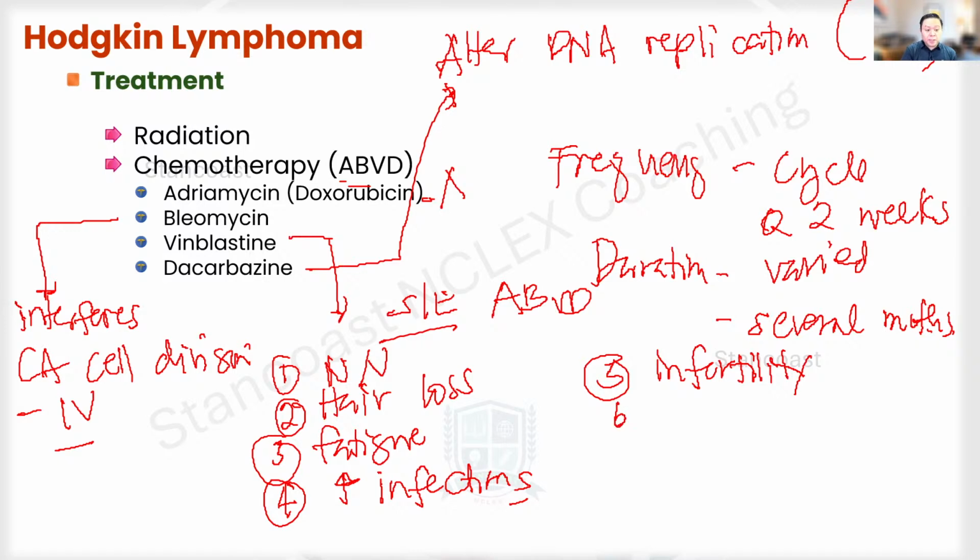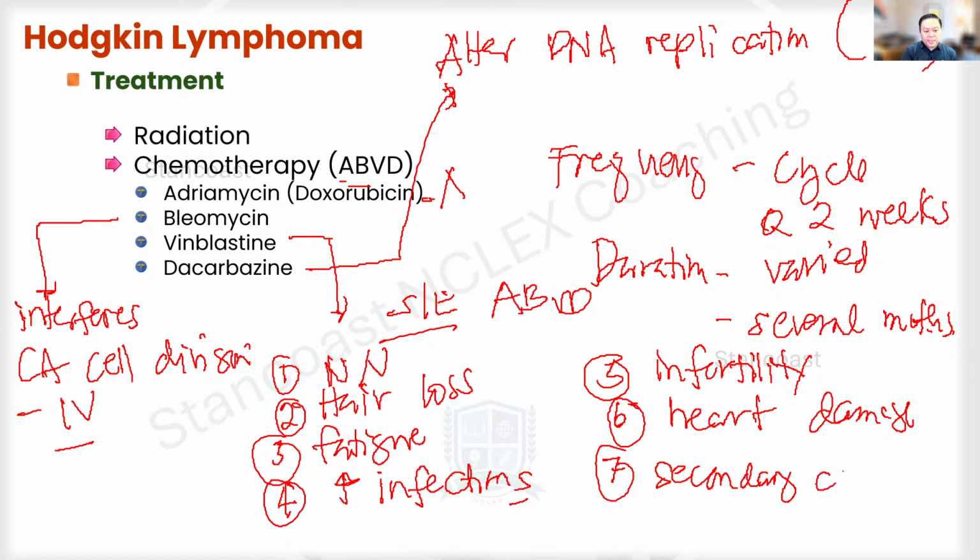It could lead to heart damage. And also the development of secondary cancers. So even though they're treated with the ABVD, the side effects can also lead to the development of new cancers, secondary cancers, we should say.